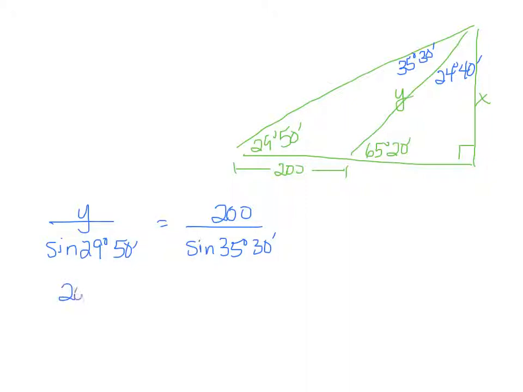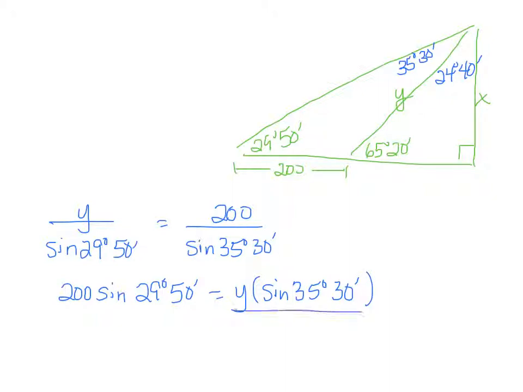So I have 200 times the sine of 29 degrees, 50 minutes, equal to y times the sine of 35 degrees, 30 minutes. Now to get y by itself, I'm going to divide both sides by the sine of 35 degrees, 30 minutes.